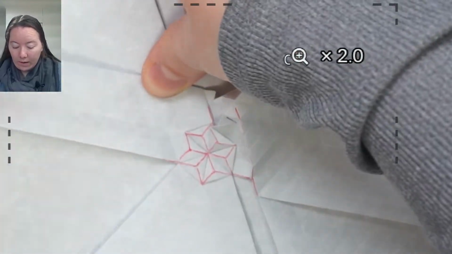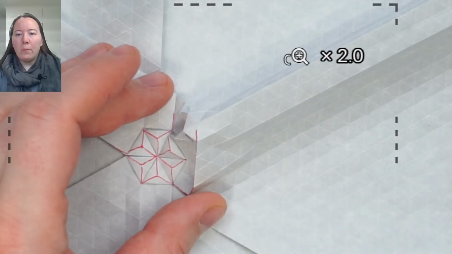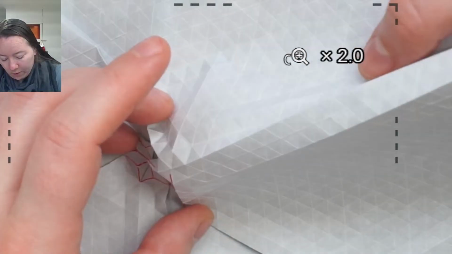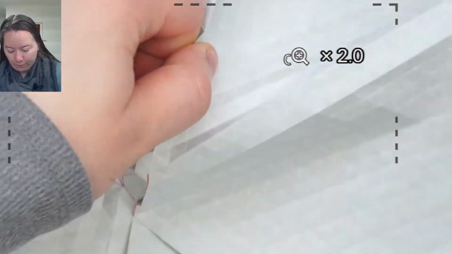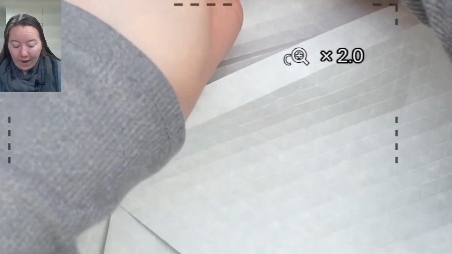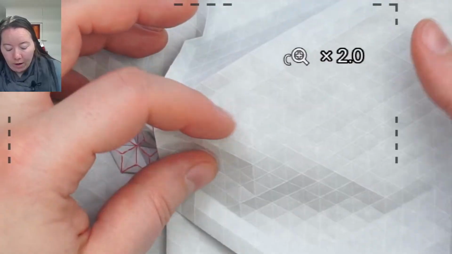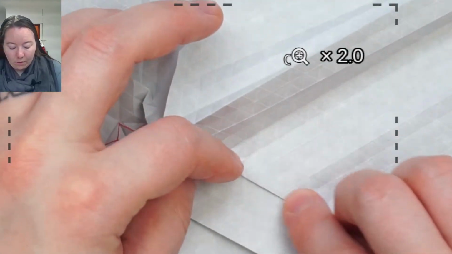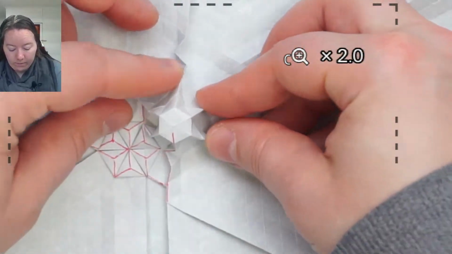So I said half of the rules for this pattern, which was that for the triangles, 2 pleats go to other triangles and 1 goes to a hexagon. For the hexagons, the rule is every other pleat goes to triangles and the remaining pleats go to other hexagons.